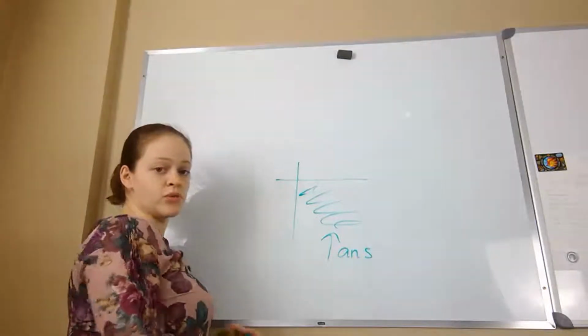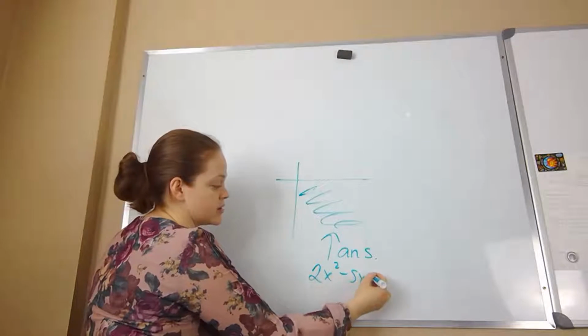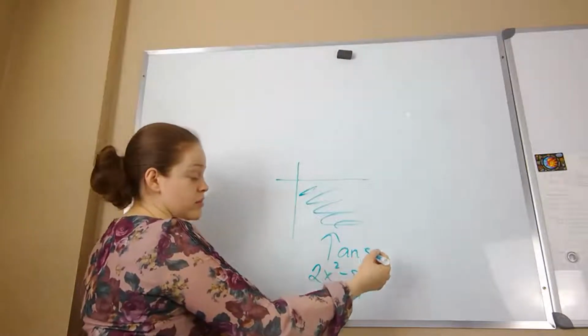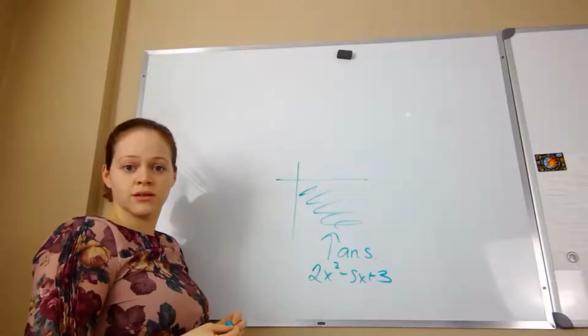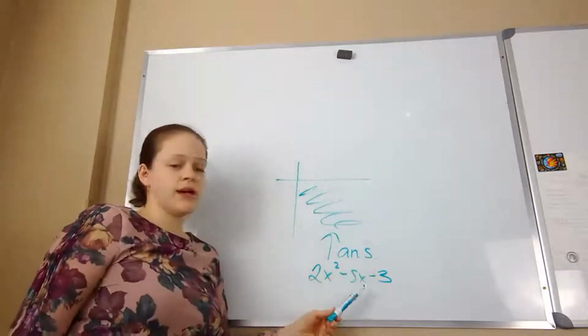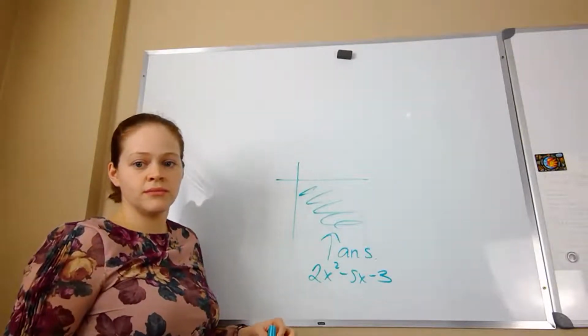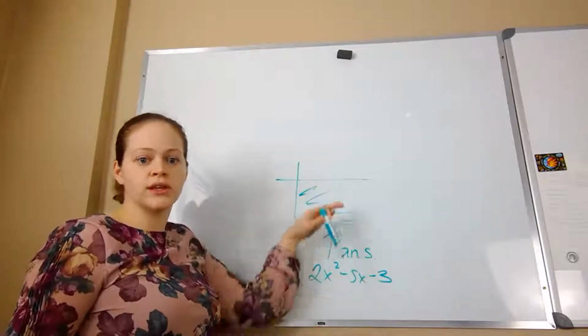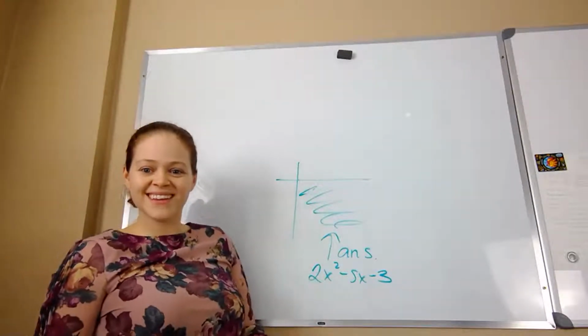But you want to write out your answer. Like you want to write 2x squared minus 5x plus, I don't remember it, but like 3, I think, or minus 3, right? So you just want to write what you have at the end of the day, at the bottom. But showing this is like showing your answer. Yeah. Okay, good.